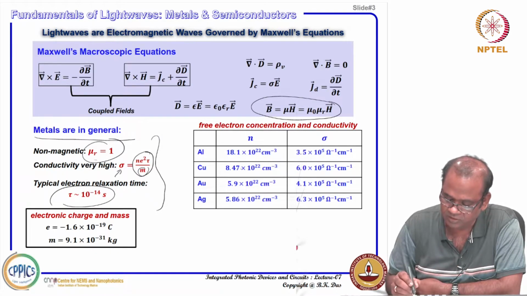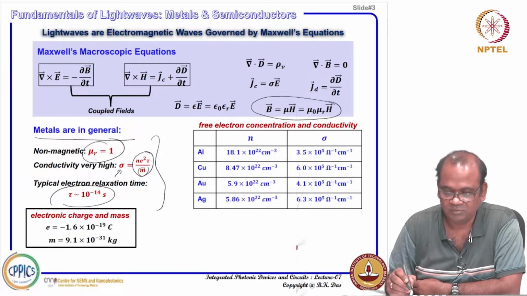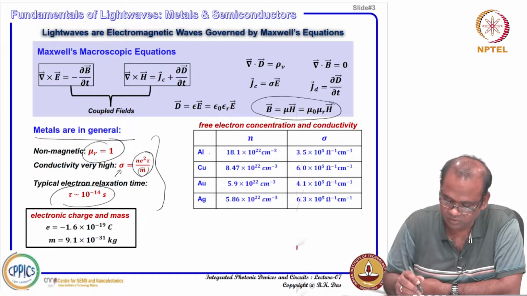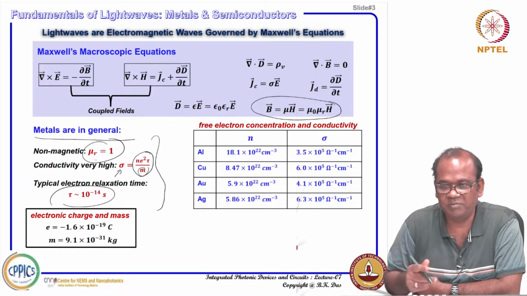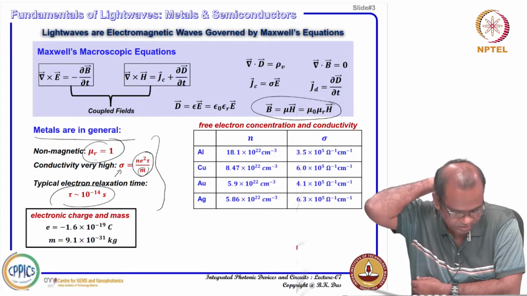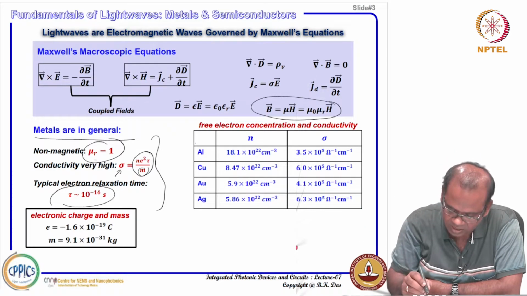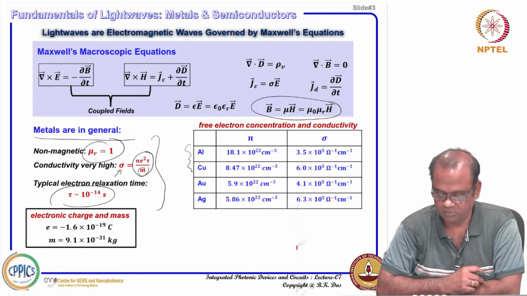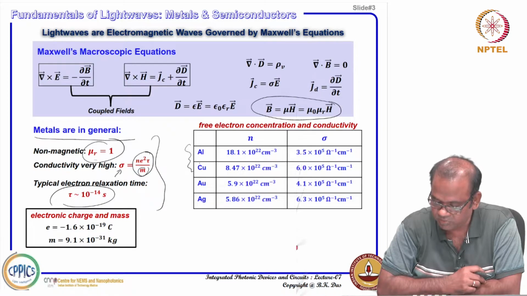Here I have given one table taken directly from a textbook, with aluminum, copper, gold and silver. These are the materials typically used in electronics, CMOS electronics, particularly aluminum and copper, which are very popular and frequently used in the CMOS industry.